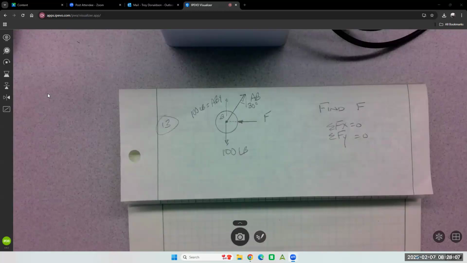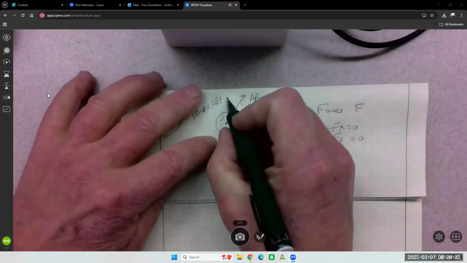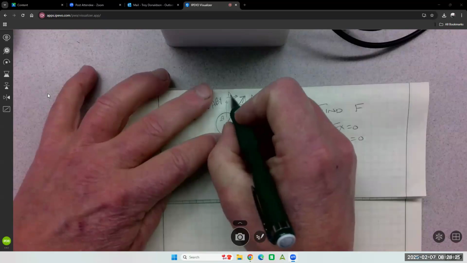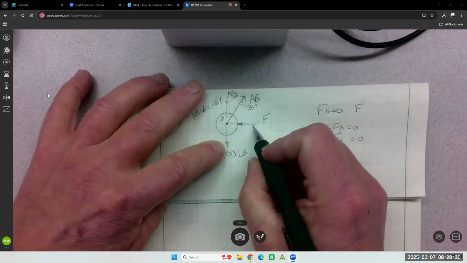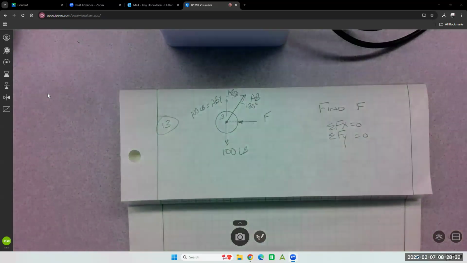If I look at the X, how many forces are in the X? Two. What are they? F and ABX. ABX is going to go this way, but it's unknown. Because F is unknown, we don't know either one of them.